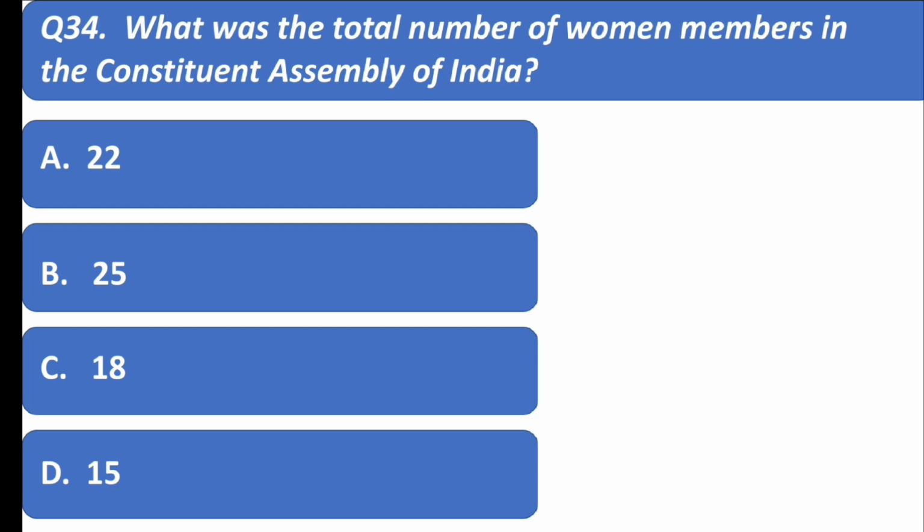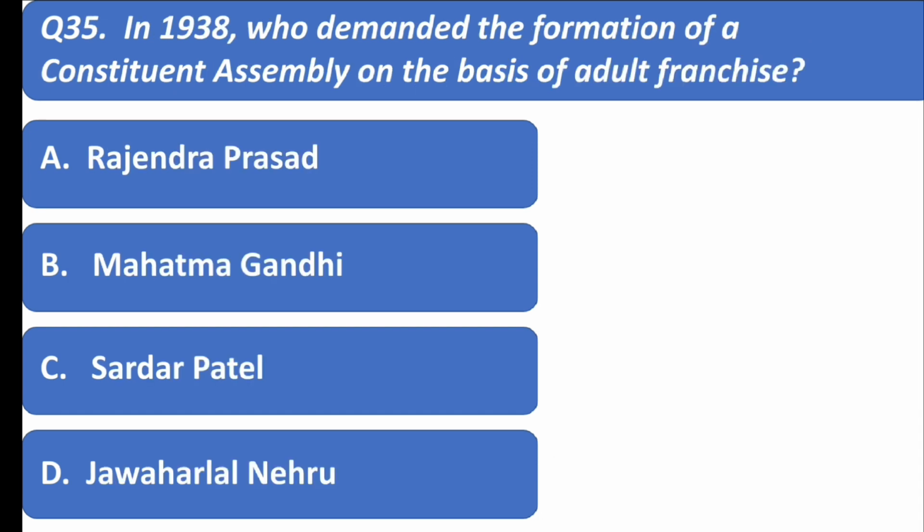What was the total number of women members in the Constituent Assembly of India? Answer is option D. 15. In 1938, who demanded the formation of a Constituent Assembly on the basis of adult franchise?